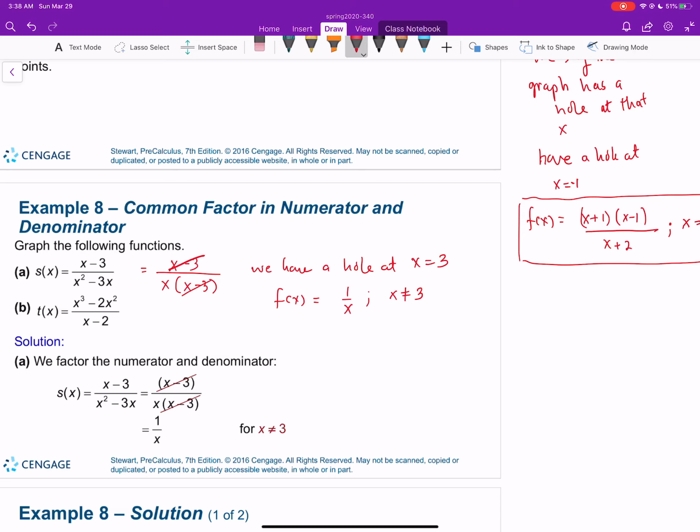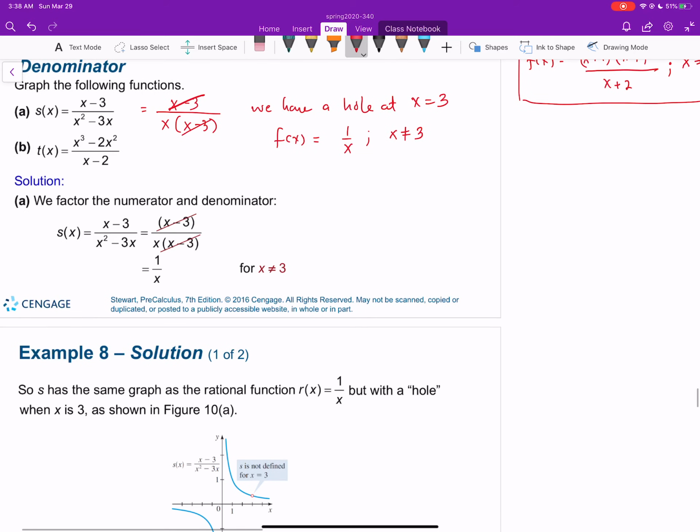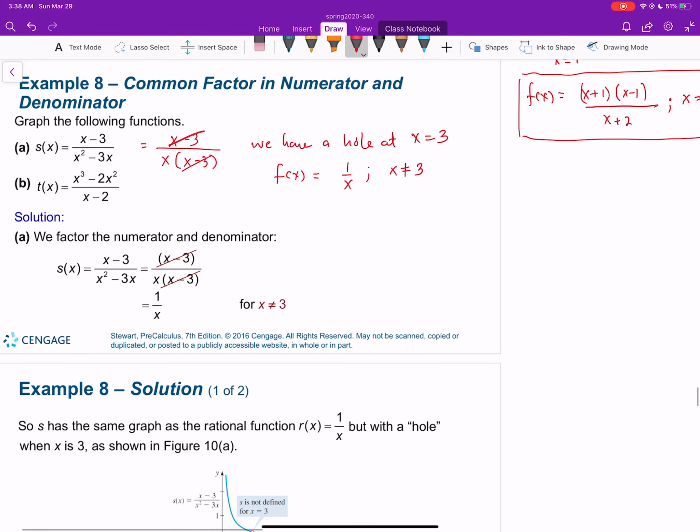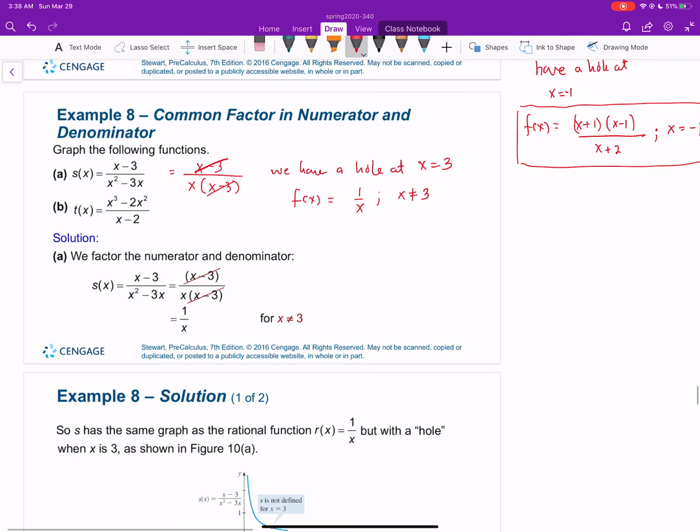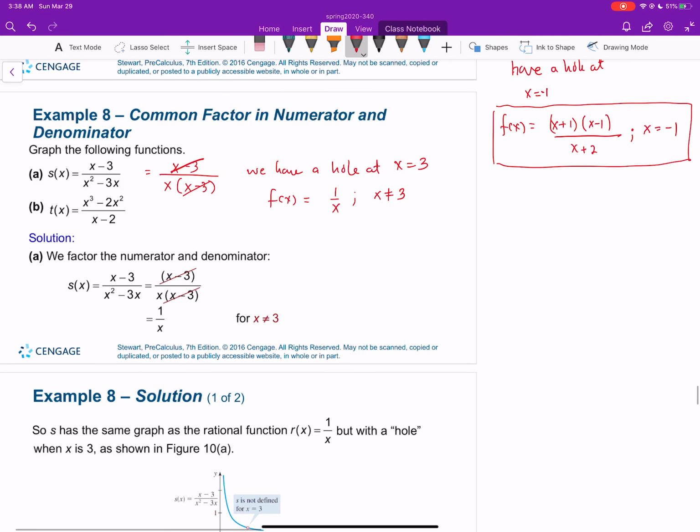All right, if we look at the second example, you have x cubed minus 2x squared all over x minus 2. You are able to factor out an x squared.